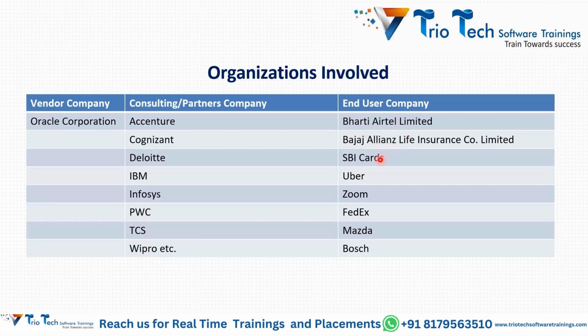From the banking sector, you have SBI Cards. Then you have Uber from the US, Zoom, FedEx from transportation and logistics, Mazda, and then Bosch.